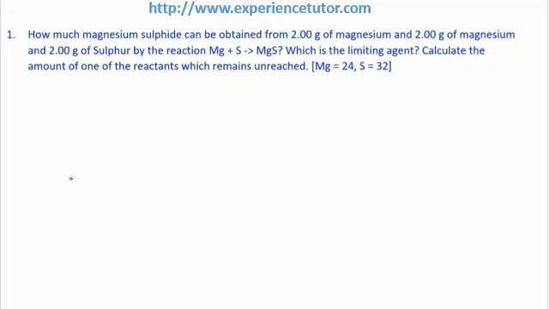To solve this problem, first we will convert the masses into mole.